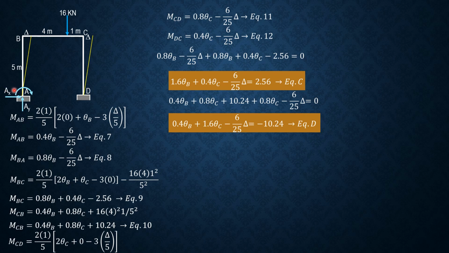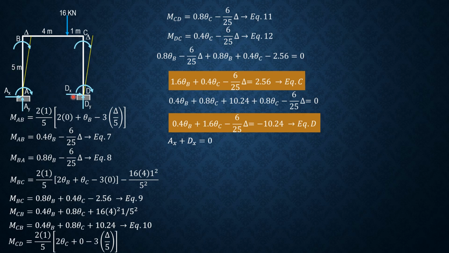So these are the reactions at A, and moment AB is assumed to be clockwise, as well as at BC and at CD. So if we isolate AB and sum up moments about B, AX times 5 equals MAB plus MBA.